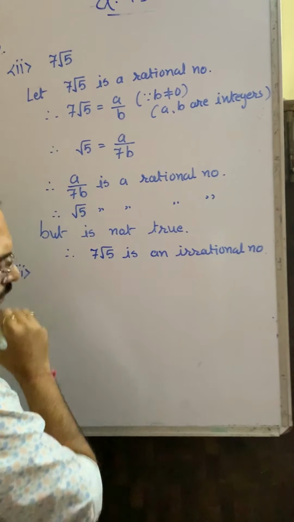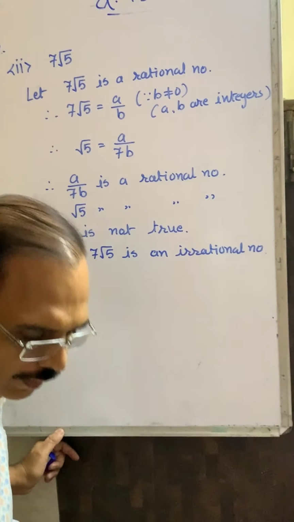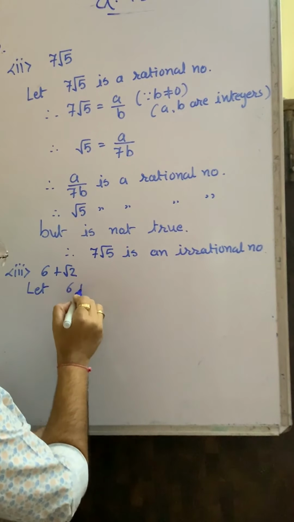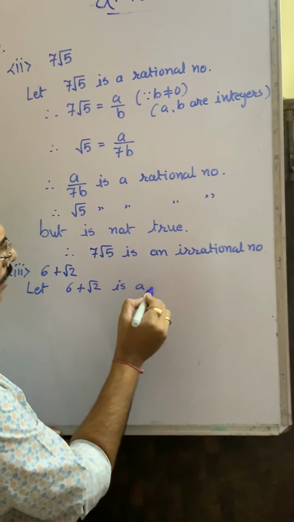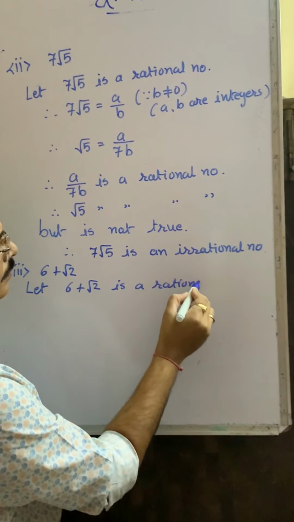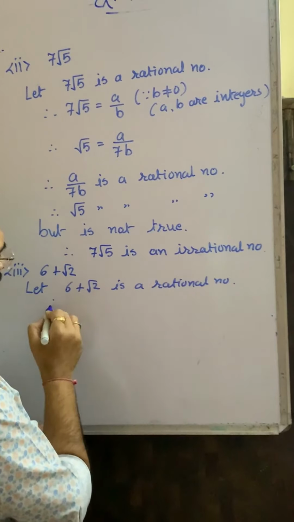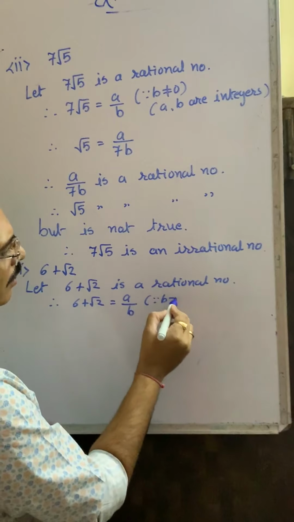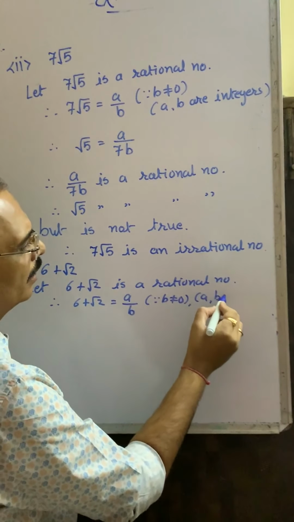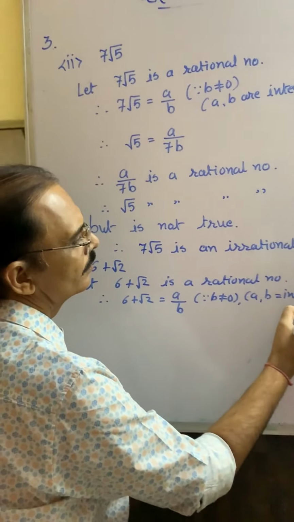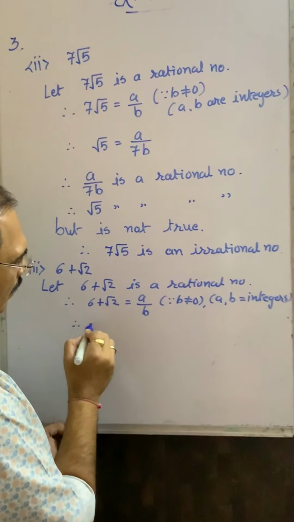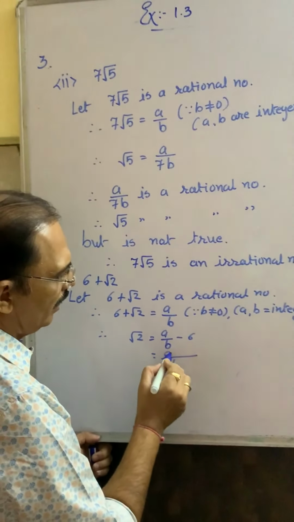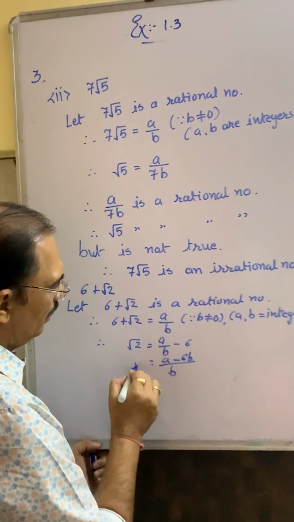Third number, 6 plus root 2. Again, suppose 6 plus root 2 is a rational number. Therefore, it can be written in the form of a fraction a upon b, where b is not equal to 0 and a and b are integers. Therefore, root 2 equals a upon b minus 6. Take b as LCM, a as it is, b multiplied here 6b.